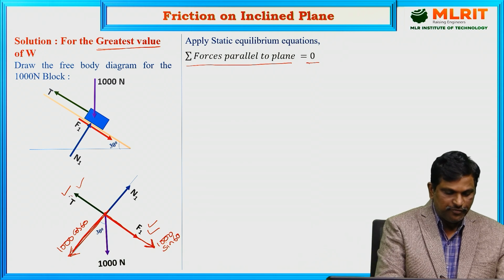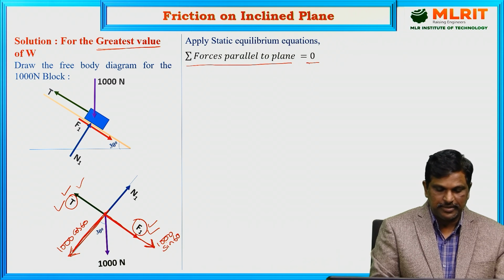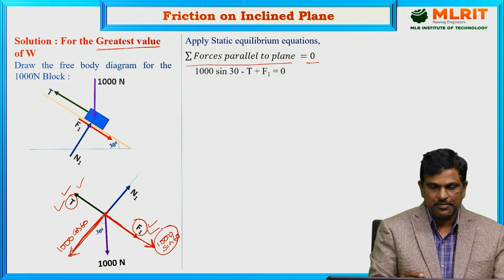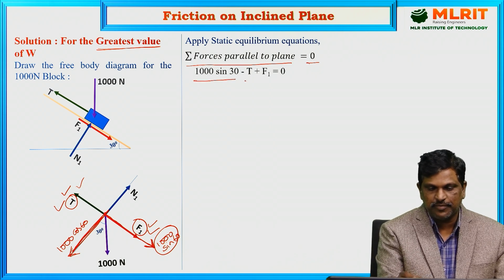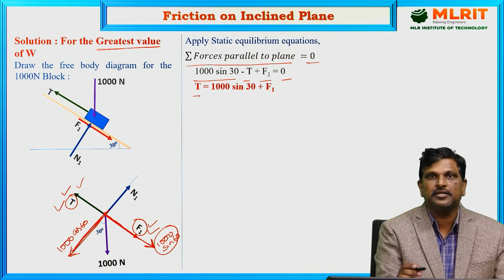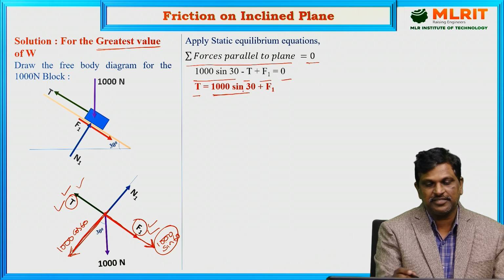Now, three forces are acting along the plane: tension in the string, friction, and weight component. Now take the equations. 1000 sin 30 minus T minus F1 equal to 0. T is equal to 1000 sin 30 plus F1.